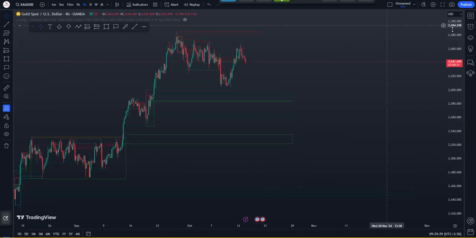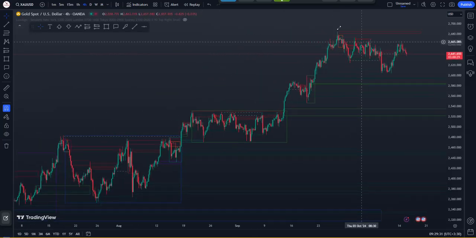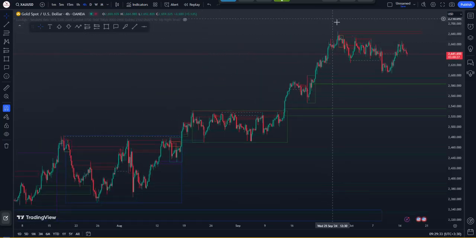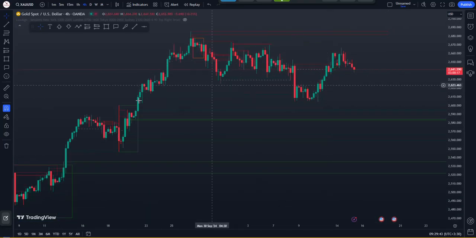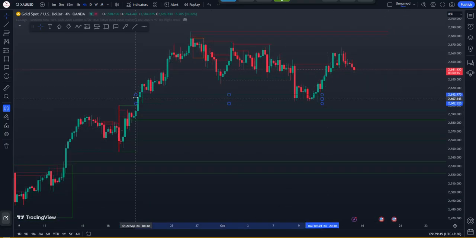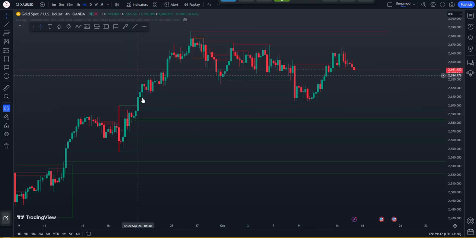So in gold price we can see after price reached the all-time high on the 26th of September, price went back to here and reached the last fake level actually. The MPL of that worked, then down back to the true level.